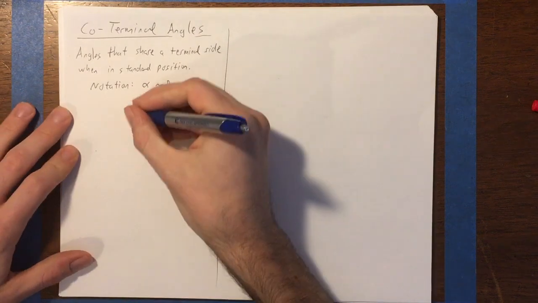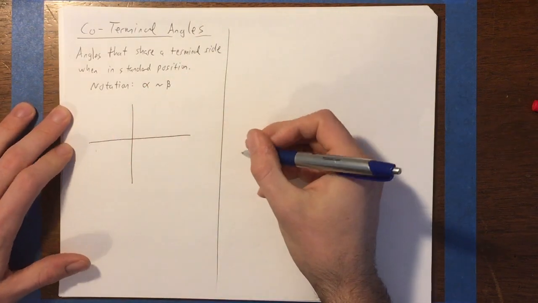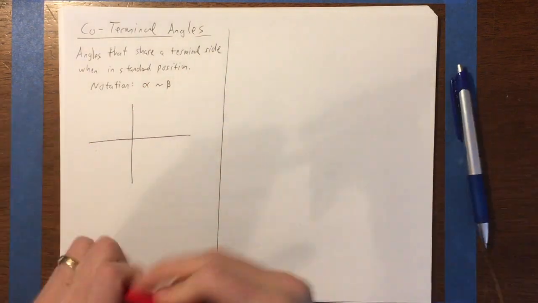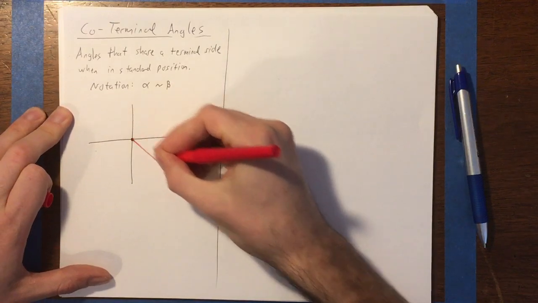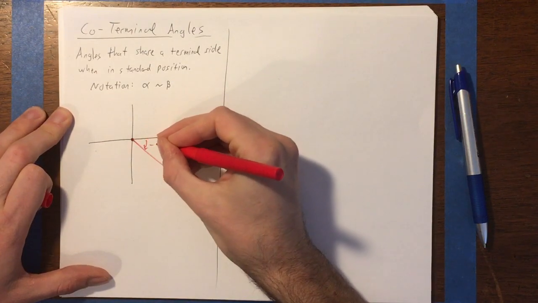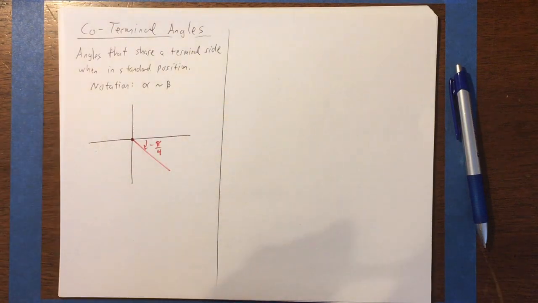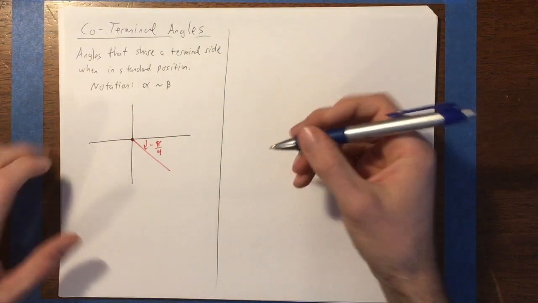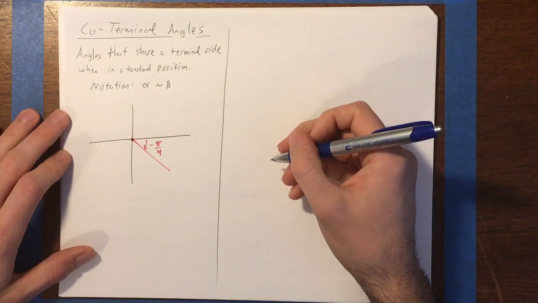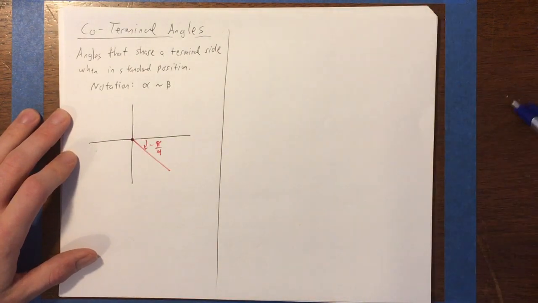So let's look at the example negative pi over 4. I'm going to do this example with radians. Let's find some other angles that are coterminal with negative pi over 4.